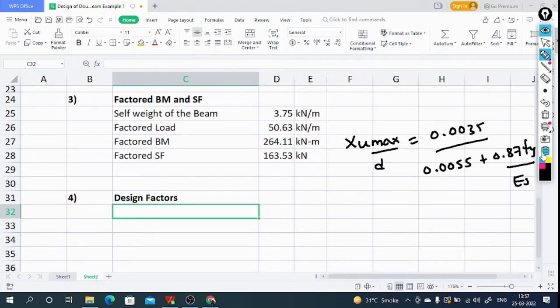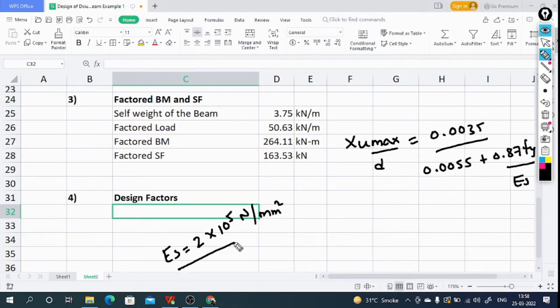Here Fy is the grade of steel which we have indicated in the given data, and Es is the Young's modulus of steel. We know the value of Young's modulus of steel, that is Es equal to 2 into 10 to the power 5 Newton per mm square.